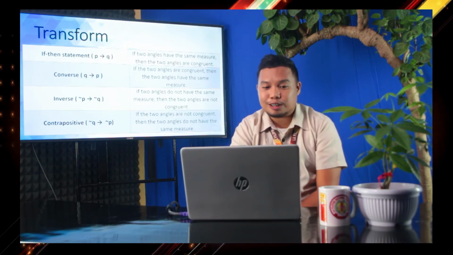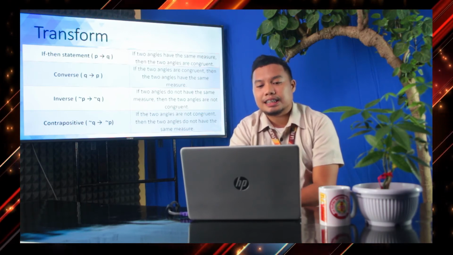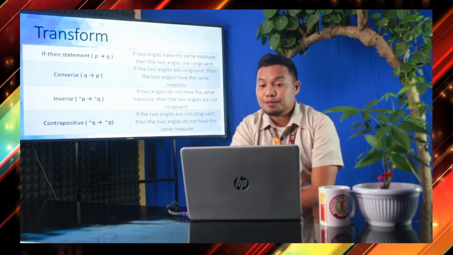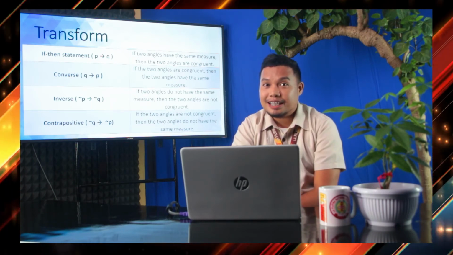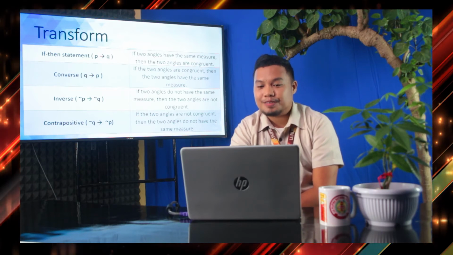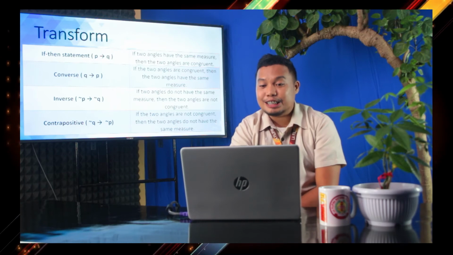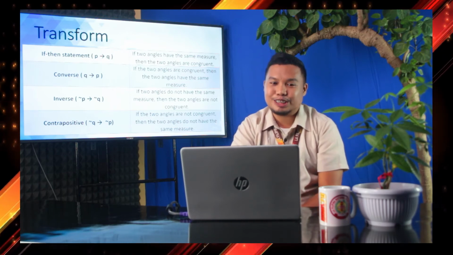And lastly, for the contrapositive, that is not Q implies not P: if the two angles are not congruent, then the two angles do not have the same measure.